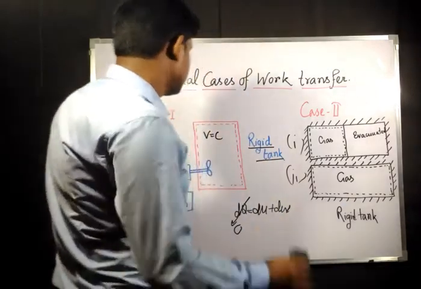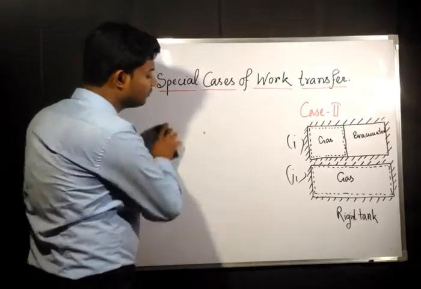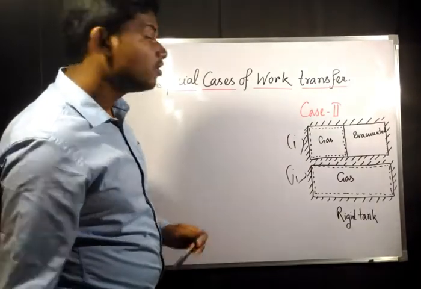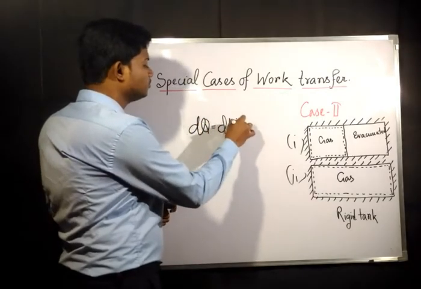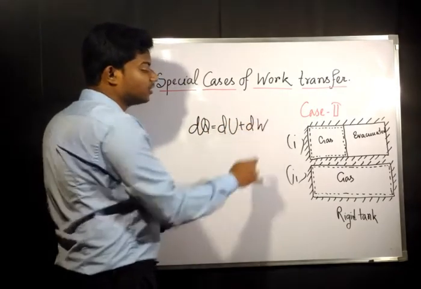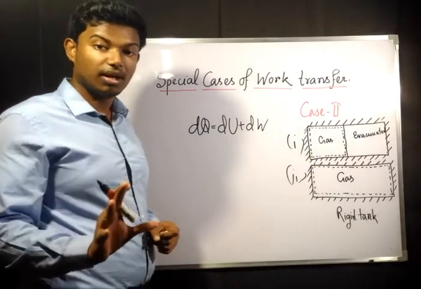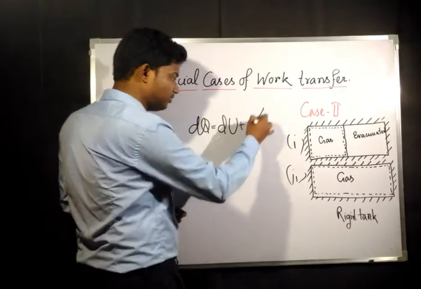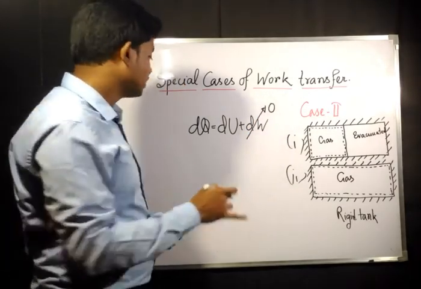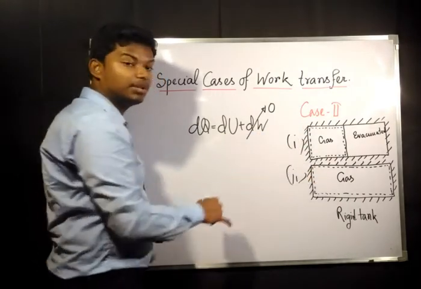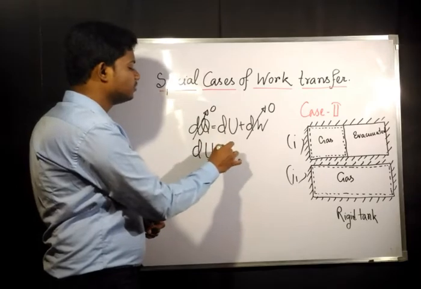Now in such cases, enthalpy and internal energy remain constant. How? We are discussing this for case 2. If you write down the first law equation for this case, it will be dQ equals dU plus dW. Since free expansion has zero work transfer, and the tank is completely insulated, so heat transfer is also zero. So from here you can write that dU equals 0.